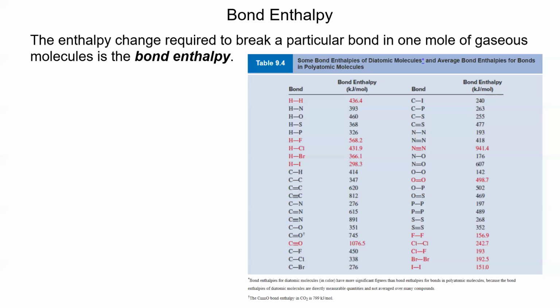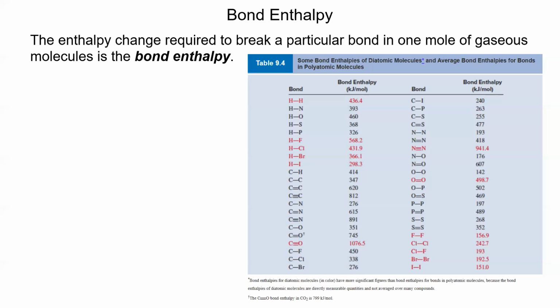One of the things that we can do is use bond enthalpy, so the energy of a single chemical bond, and essentially just add up all the chemical bonds for the products and all the chemical bonds for the reactants and find out what that difference in energy is. And so we call that bond enthalpy.